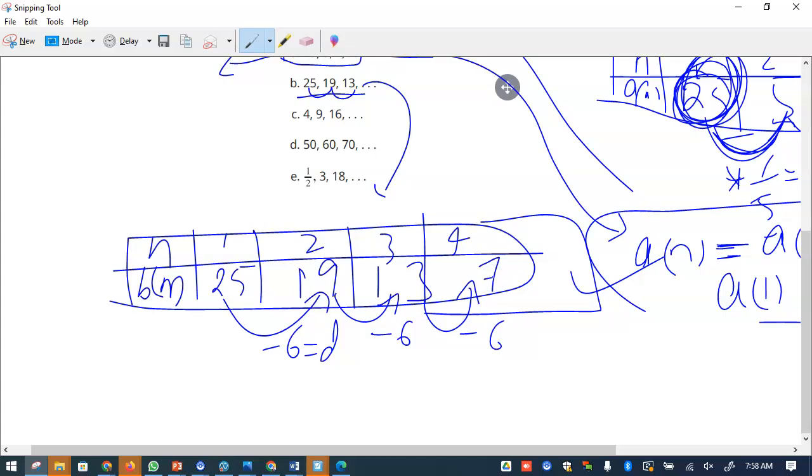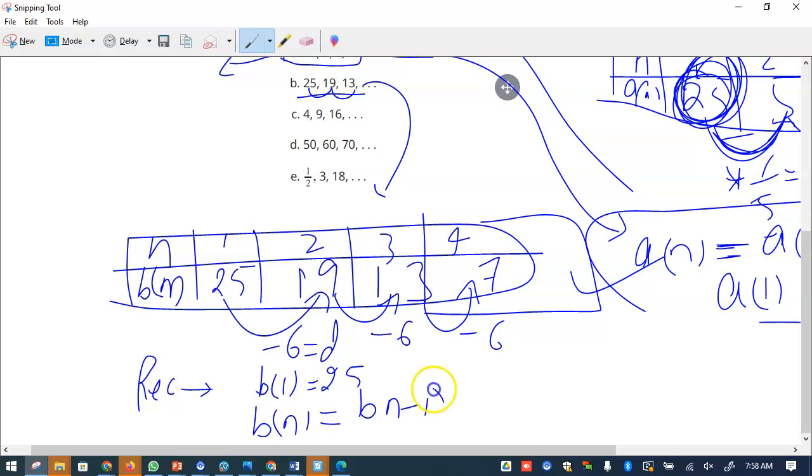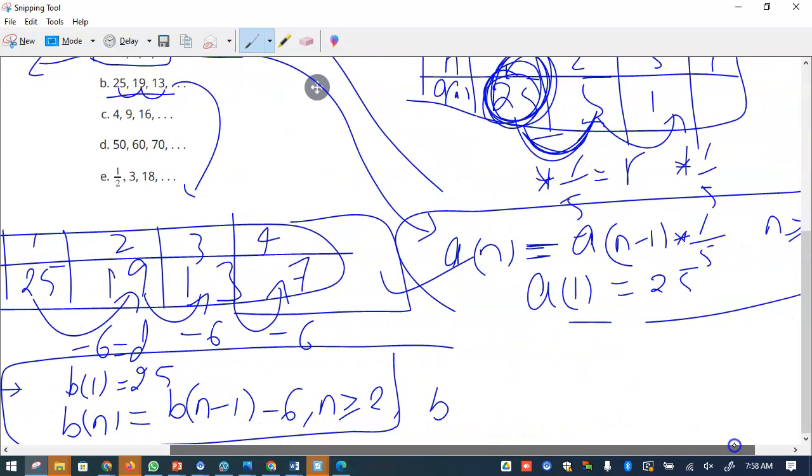So what I'm trying to say is, if I want to write the recursive definition, the first number is 25, so b_1 is 25, and at any position the number is always the one before, b_(n-1), minus 6, and this is for n greater than or equal to 2. That's the recursive definition.